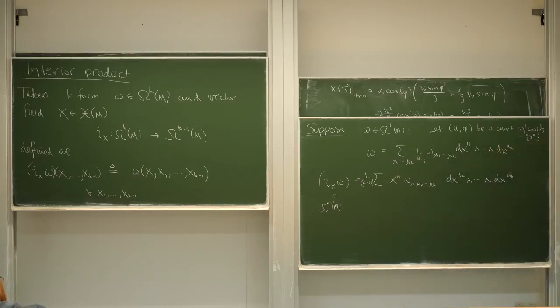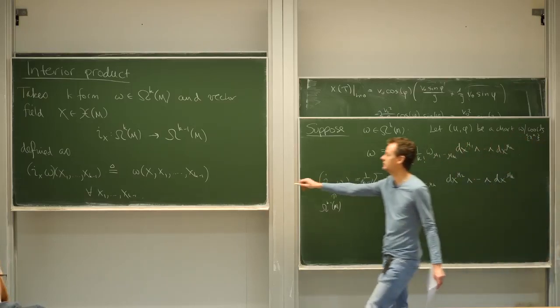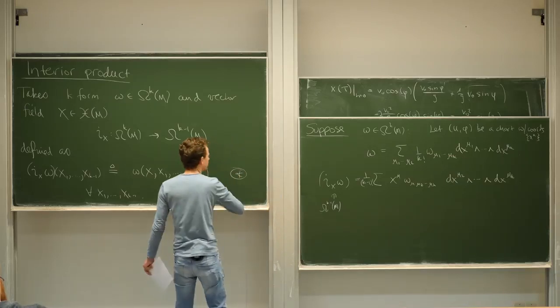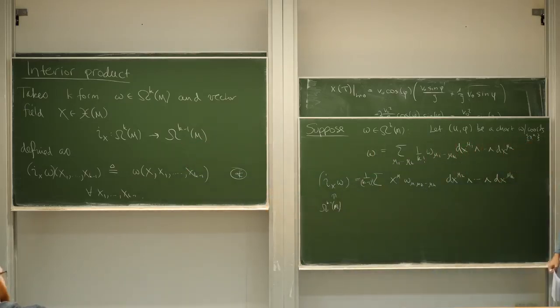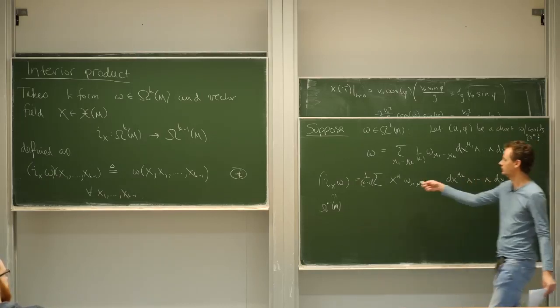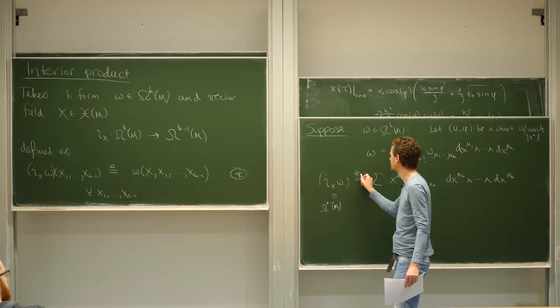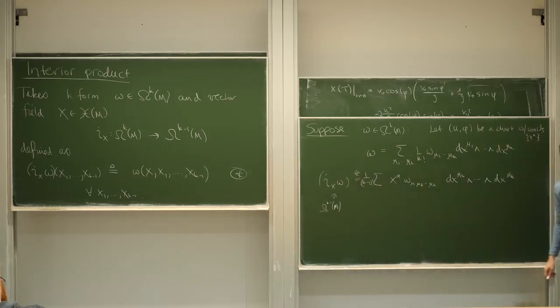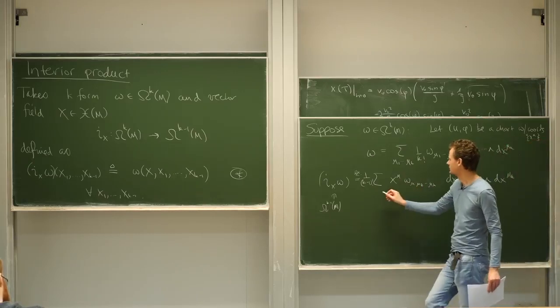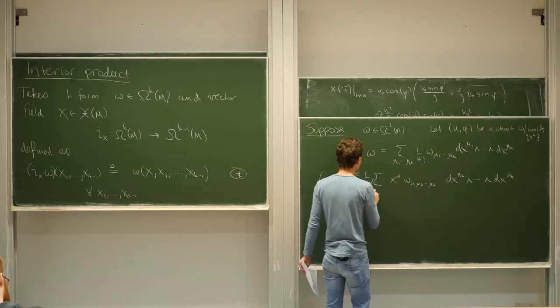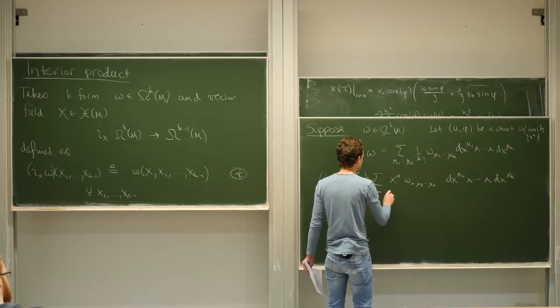So if you stare hard enough at the formula here, let's call this definition star, you should conclude that when you express I_X omega in components, you get this formula here. We'll make this a little exercise, just to think it through. And of course we've got a repeated index here, so there's a sum over mu, mu2, all the way up to mu k.